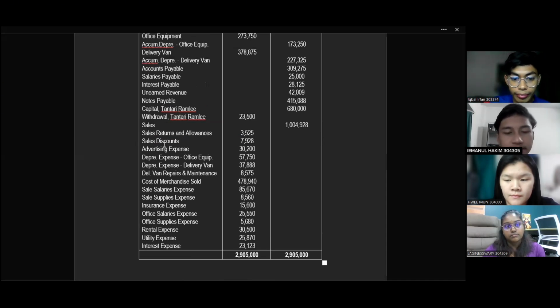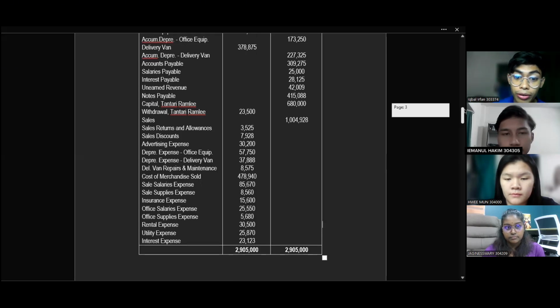Basically, investors use the profit or loss statement to assess a company's financial performance and profitability. They look at key metrics like revenue growth, profit margins, and net profit to determine whether the company is a good investment.